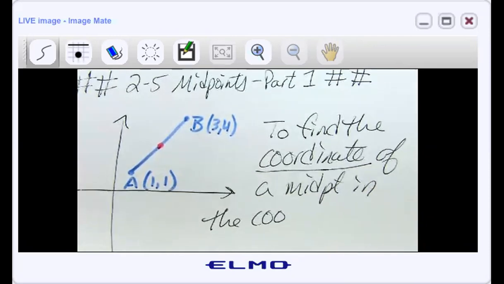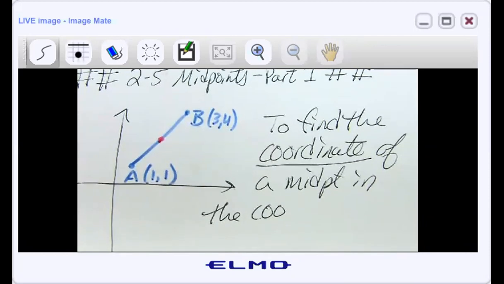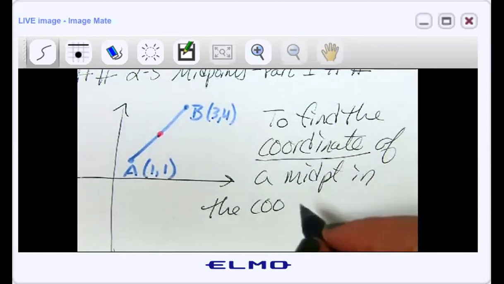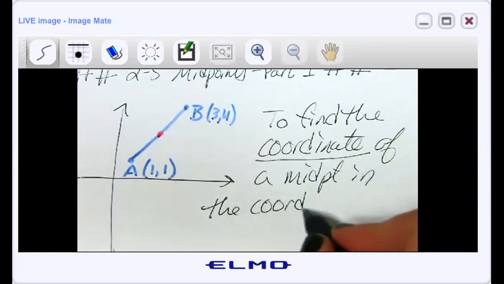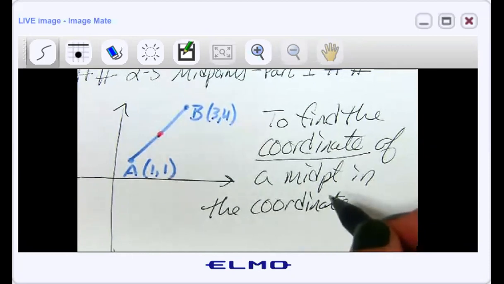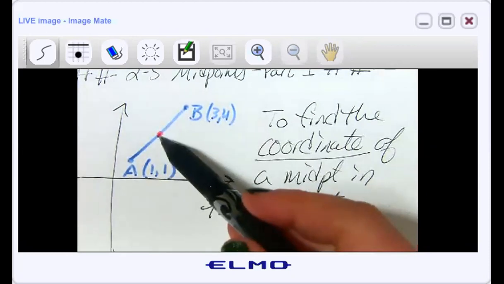Does it involve subtracting? Actually, no. No, we're not going to subtract here. Can't you just look at the line? Well, you can guess where it is, but I could only give an approximation. There's got to be a way for me to know exactly where this is.